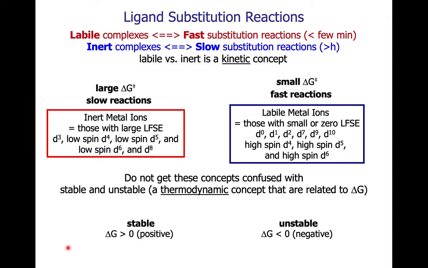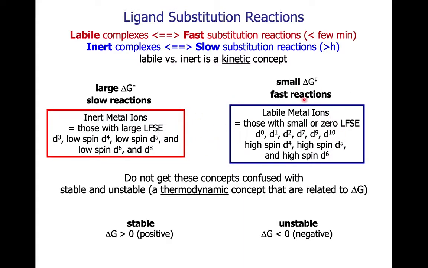The nice thing is Taubé was able to work out how the electron configuration gives us a guide to this. Large delta G double dagger, so slow reactions or inert metal ions, are those with a large crystal field stabilization energy. So d3, low spin d4, low spin d5, low spin d6, and d8 all tend to be inert complexes. They undergo ligand substitution very slowly.